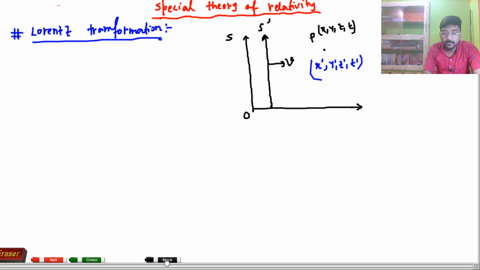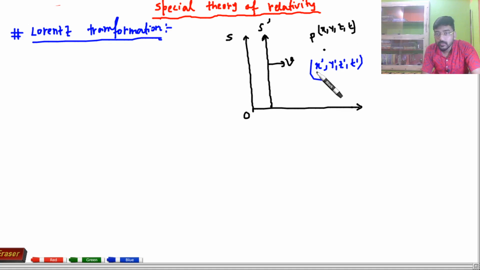We can prove it, but we don't need to prove it. We have to remember the formulas to apply in problems only. So let me give you the formula directly. What is the transformation relation between x dash, y dash, z dash and t dash?